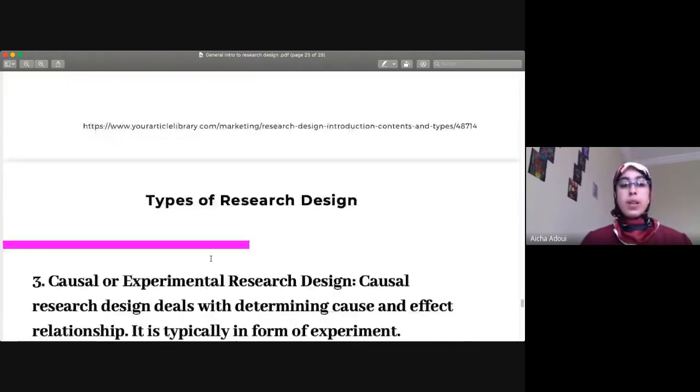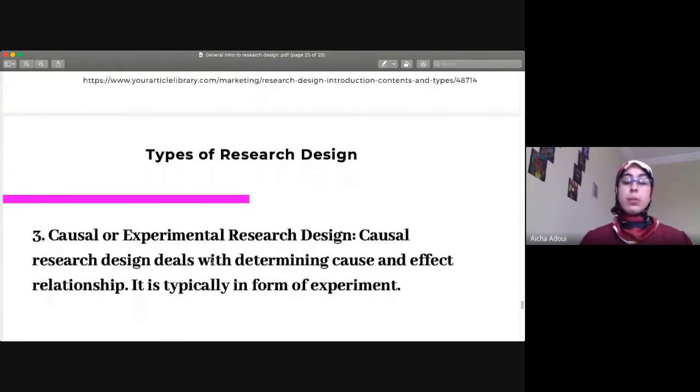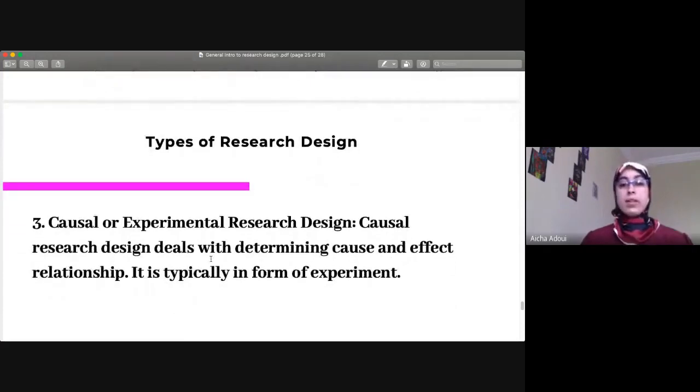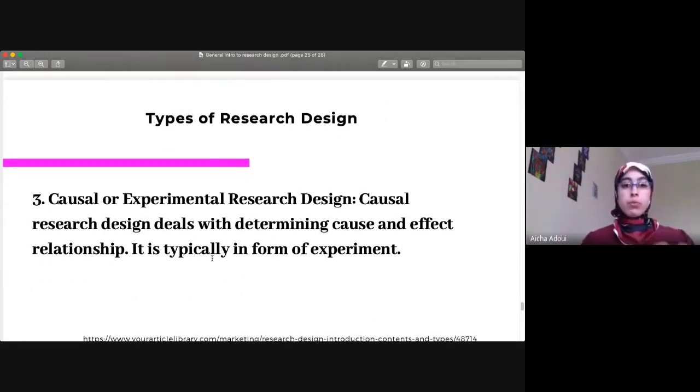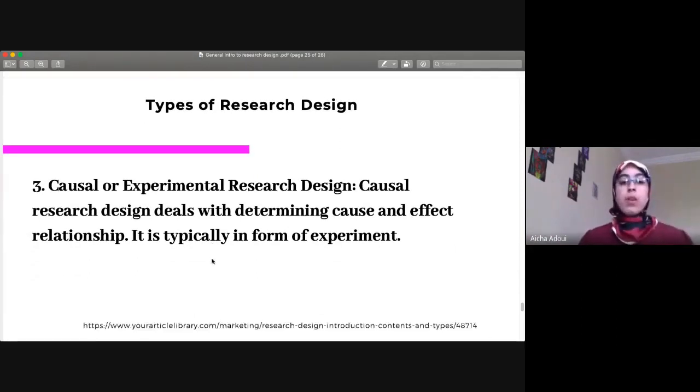Then again, causal or experimental research design. Again, this is based on cause and effect relationships in a certain environment concerning a certain problem, and it is typically conducted through the forms of doing experiments in social studies, for example.